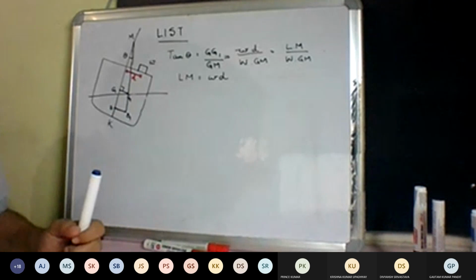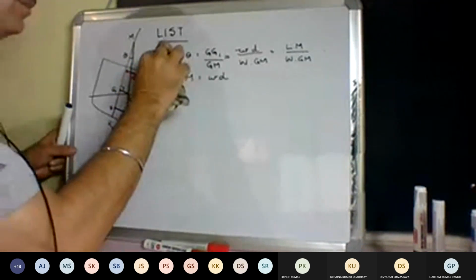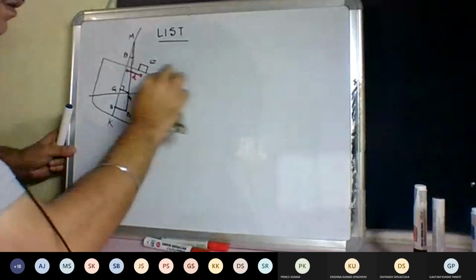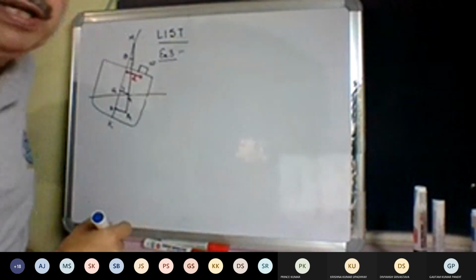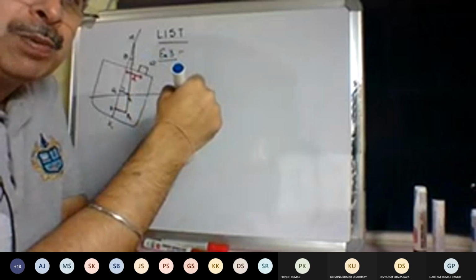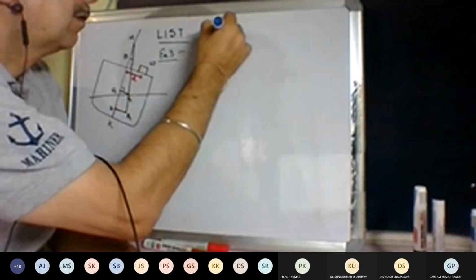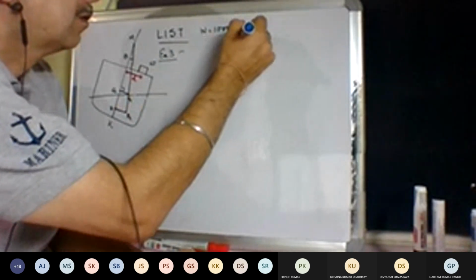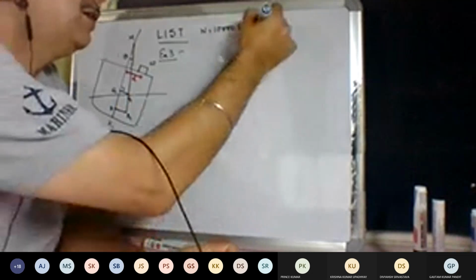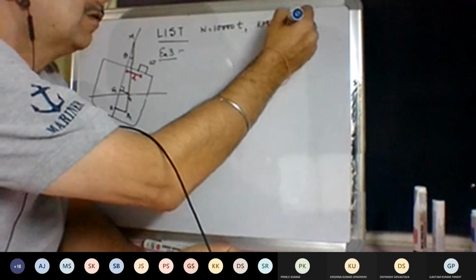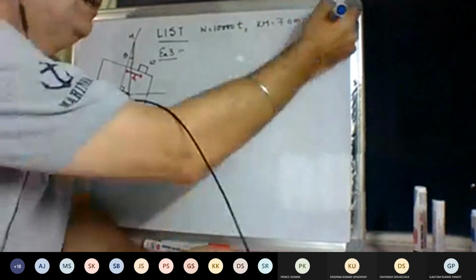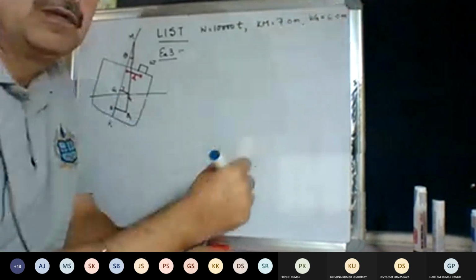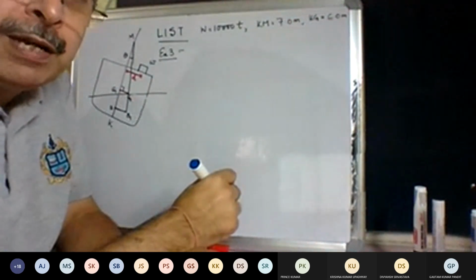I'm starting off with example 3. We have a ship with displacement 10,000 tons, KM 7 meters, KG 6 meters, and she is doing multiple operations.